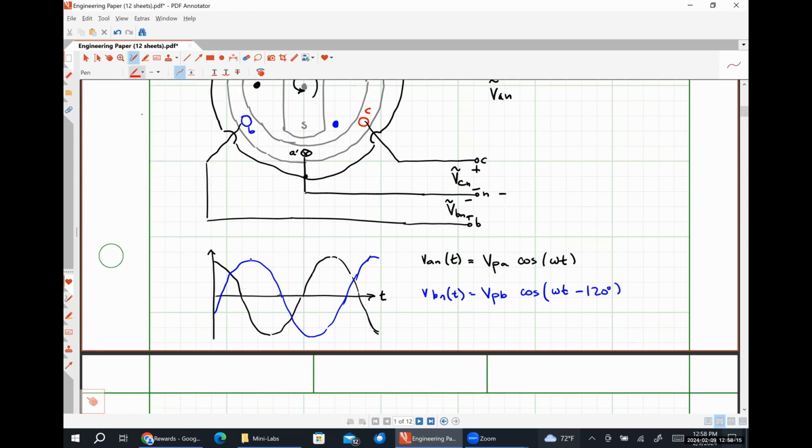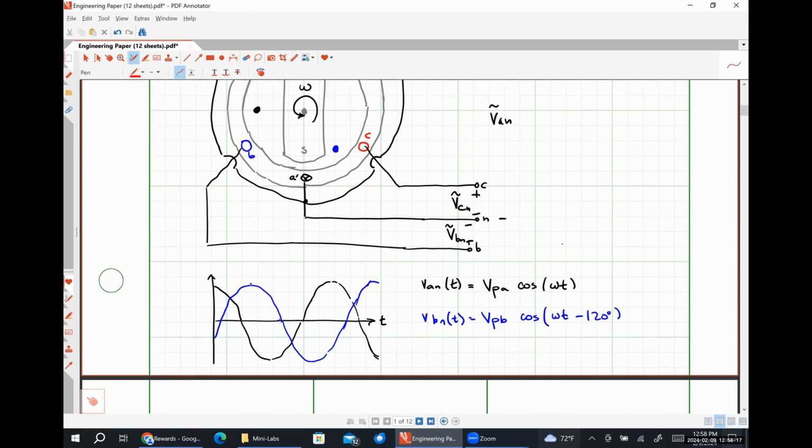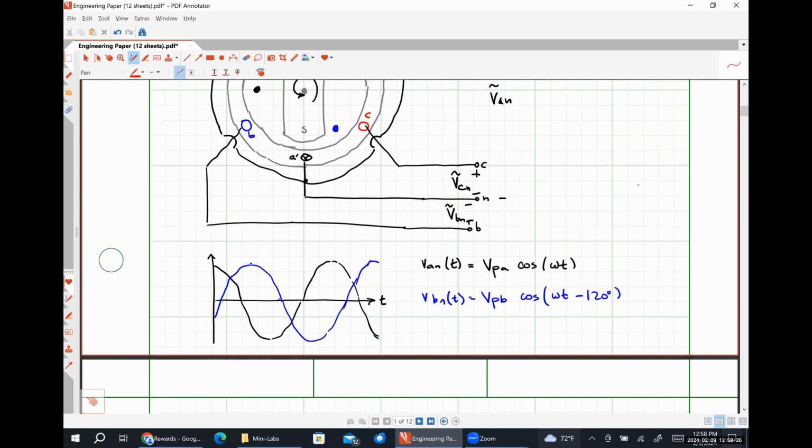And then our C phase is lagging behind the B phase by an additional 120 degrees, again, because of the physical separation of our coils, right? So that means its peak is going to be about right here.